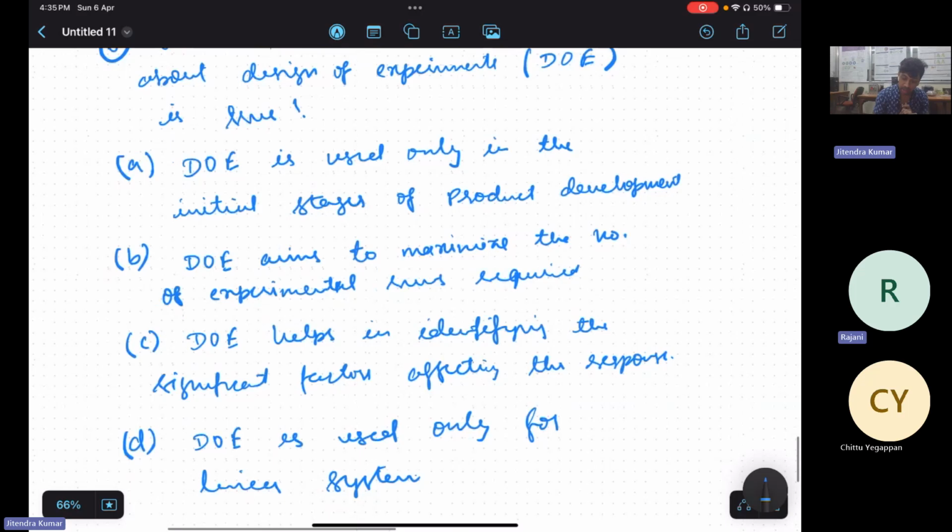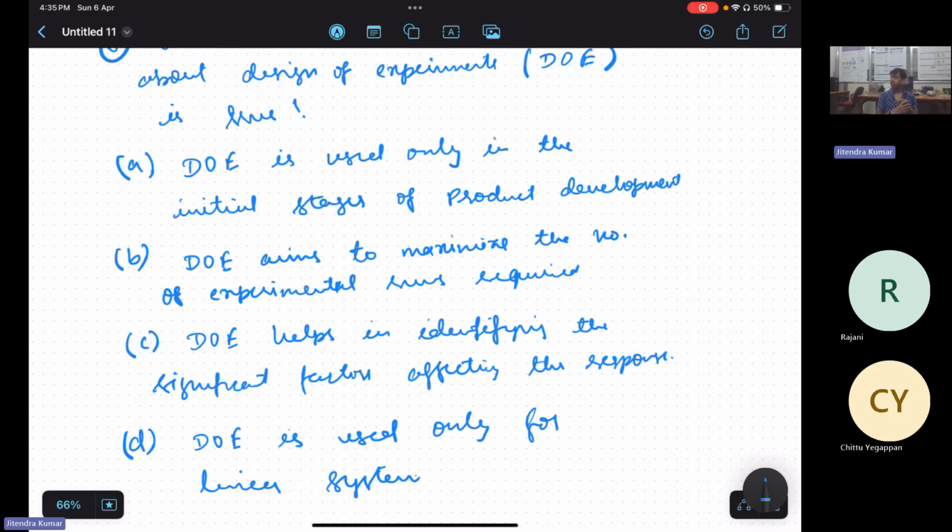Now, the second option is DOE aims to maximize the number of experimental runs required. No, basically it minimizes the number of runs, because you are identifying the major factors, so you are minimizing with the help of certain optimization processes like the Taguchi method or fractional factorial methods.